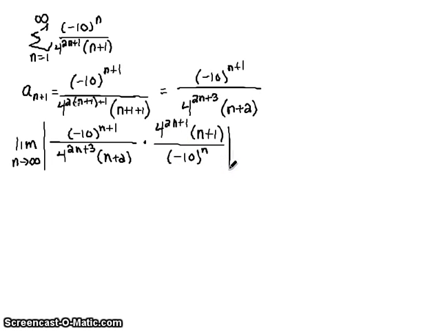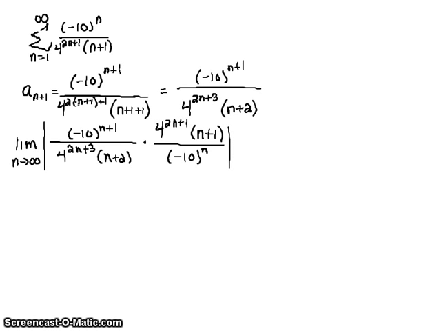So that's the limit we want to take. Now, a lot of the things that we have here are going to cancel out, and this isn't going to look as gross. We have 4 to the 2n plus 1 over 4 to the 2n plus 3.